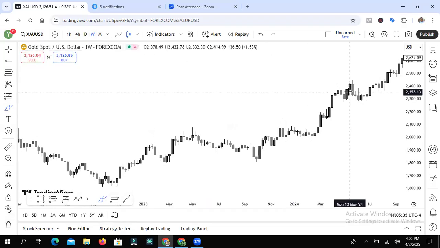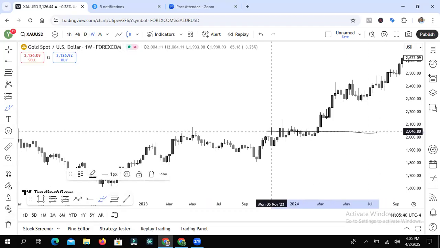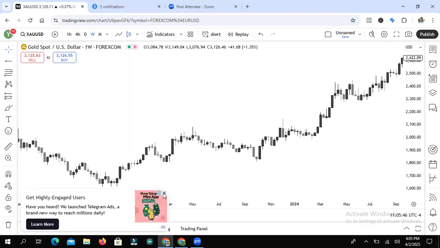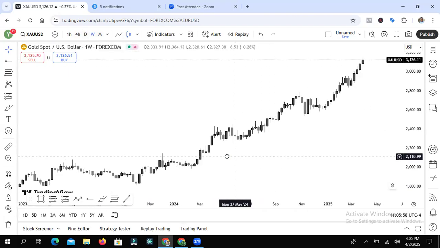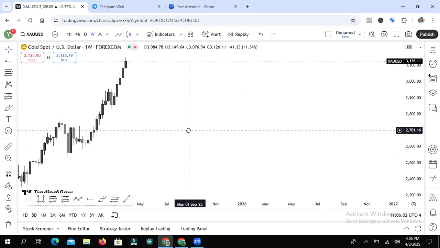The first thing is stop trading lower time frames. Lower time frames will not let you be very consistent in terms of profitability. You only need these five: your monthly, weekly, daily, 4 hour, and 1 hour time frame. We use monthly, weekly, and daily time frames to build bias. What we want to see around our key levels is candle rejections and candle closures.